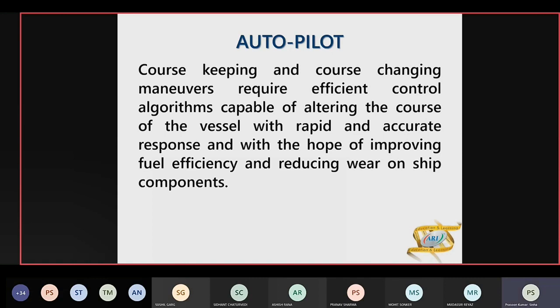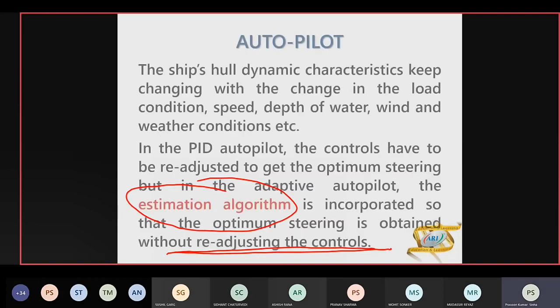So the end result, basically what we want, is improved efficiency of the steering system. How do I get the best steering? Best steering means controlled movement, better fuel economy, better speed, that's all.